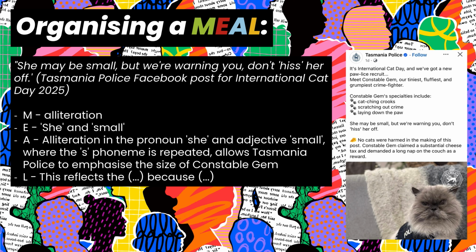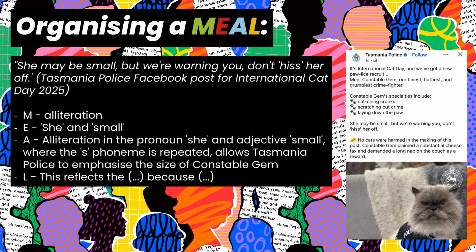So if we were planning out a meal, we might look at the alliteration for our meta-language. Our example is the whole sentence, but also specifically the "she" and the "small", where the alliteration in that pronoun "she" and adjective "small" allows Tasmania Police to emphasise the size of Constable Jem.